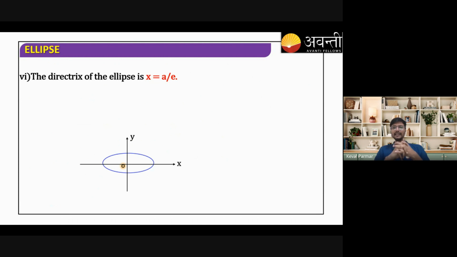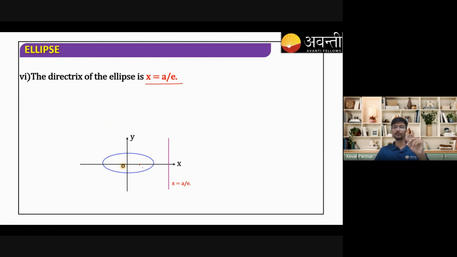The equation of directrix is x equals a by e. Now, how is the equation of directrix x equals a by e? Let us see. With respect to the two foci, this ellipse will have two directrices. One will be with respect to focus S, and one with respect to focus S dash.